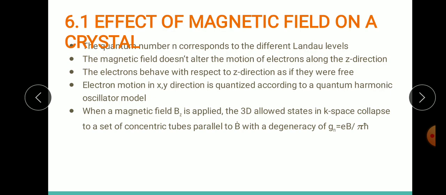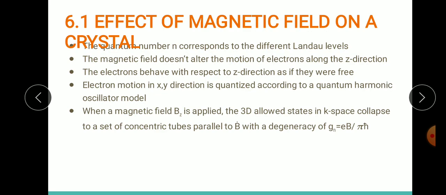Since the magnetic field is along the z direction, the electrons moving along the z direction will not get affected. But the electrons in the xy direction will have a change in their properties. It may be any of the three effects that we mentioned earlier: oscillations or collapse.